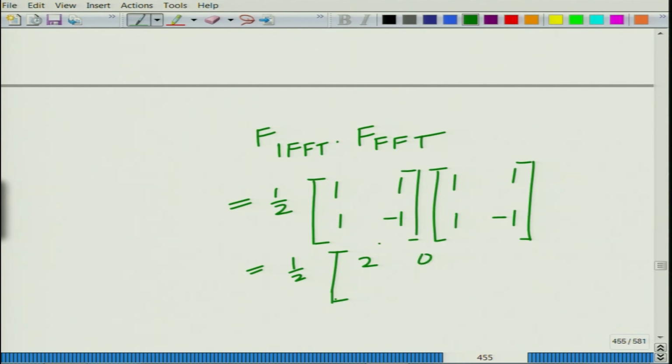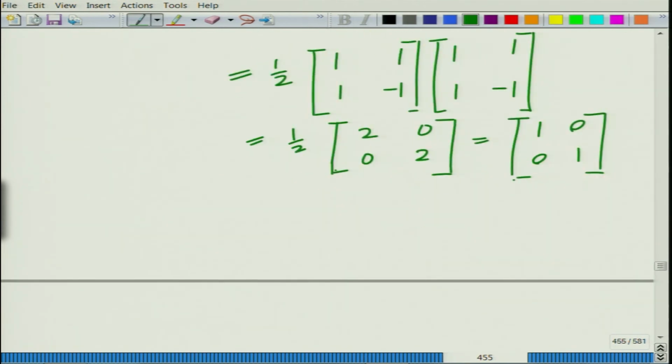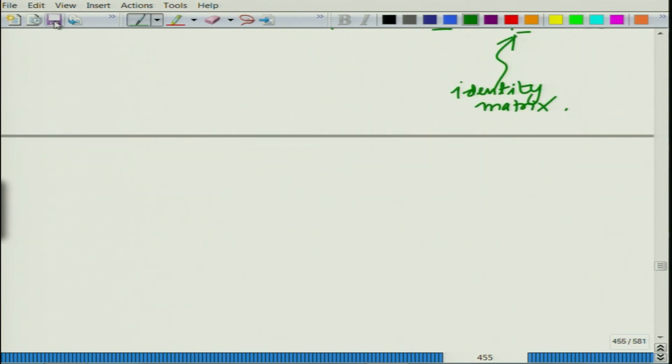The 2,1 entry is 1 into 1 plus minus 1 into 1, that is 0, and the 2,2 entry is once again 2. This is nothing but essentially your [[1, 0], [0, 1]], that is essentially the identity matrix. This is the 2 cross 2 identity matrix.